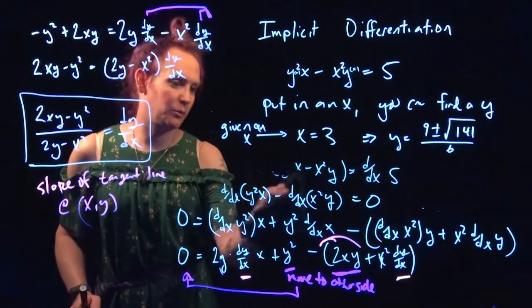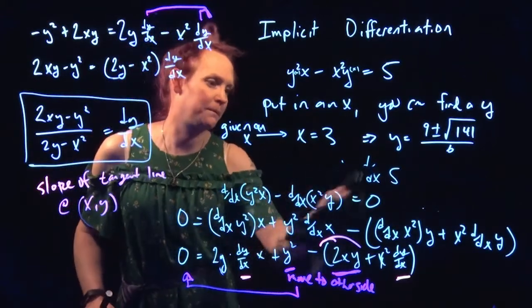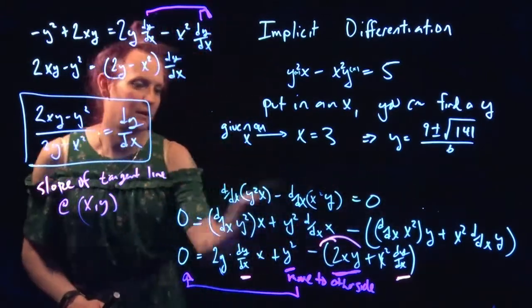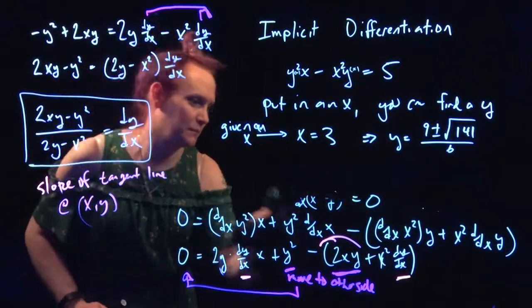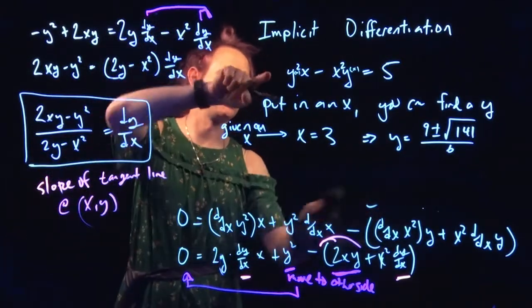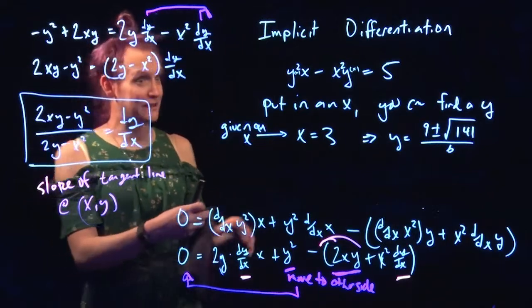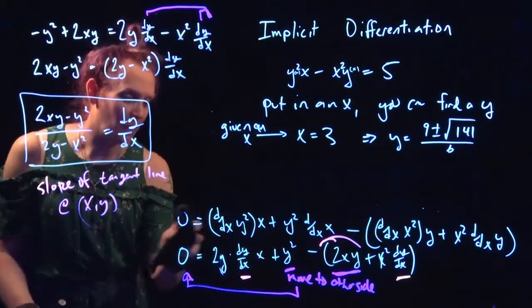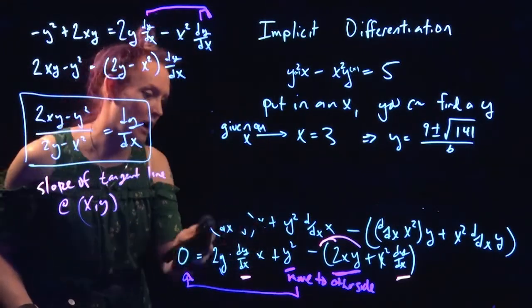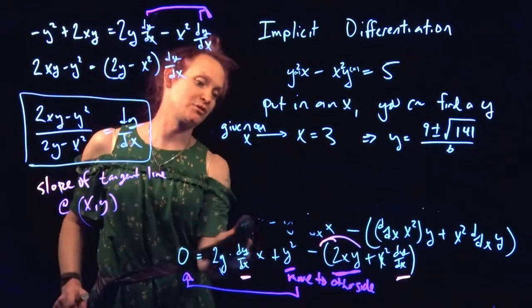So, returning back to where we started from, I have my original function, which is the relationship between x and y. I'm only considering points x and y that satisfy this relationship.